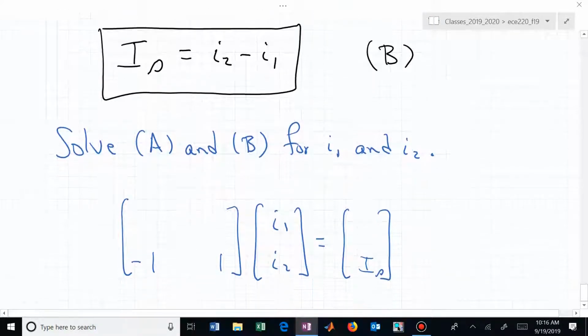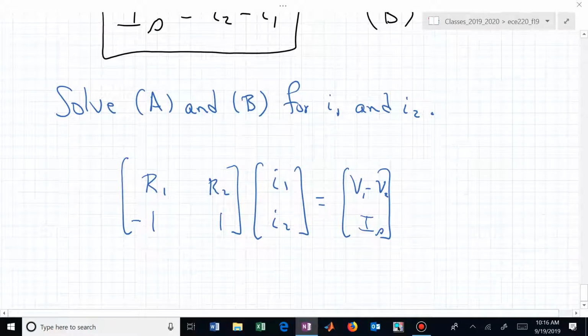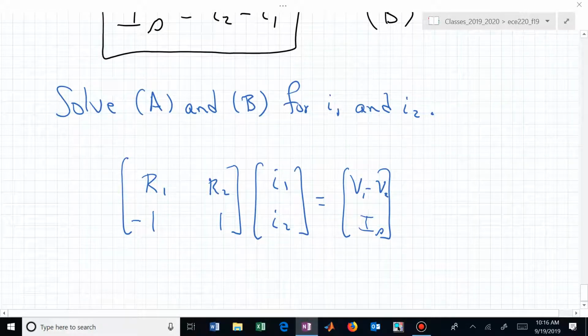In a matrix form, there is my matrix expression. I could solve that for the unknown mesh currents, I1 and I2, if I'm given the information in the circuit. My voltage sources, my current source, and my resistors.